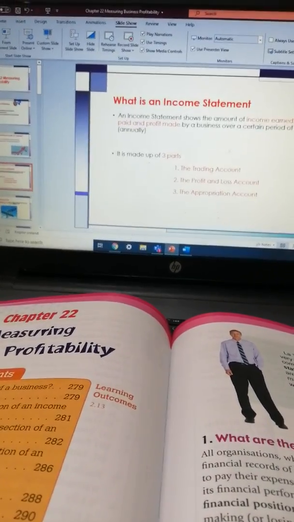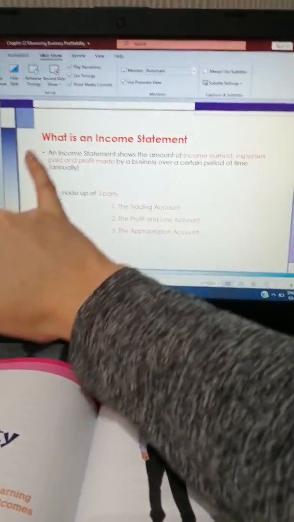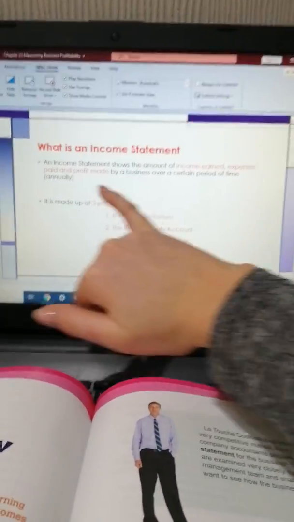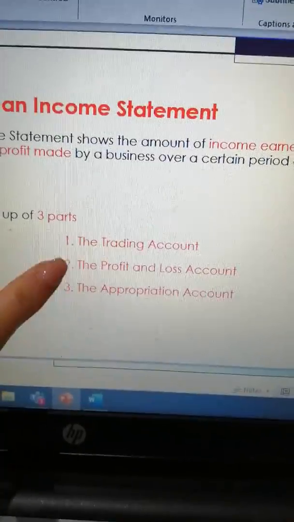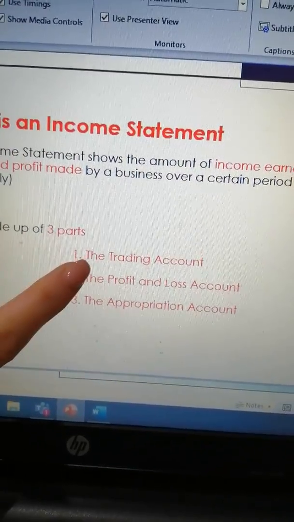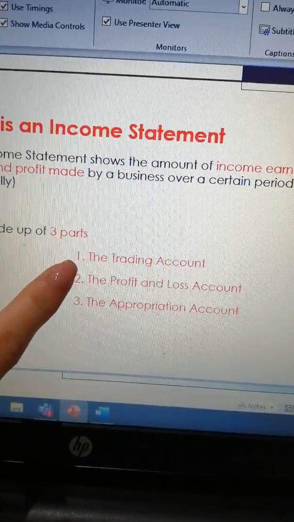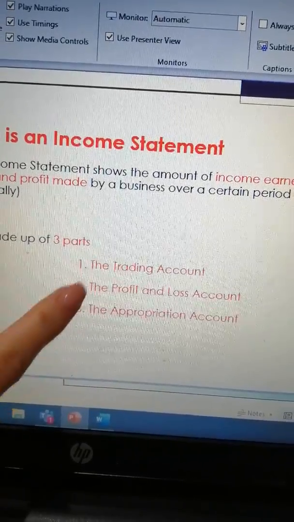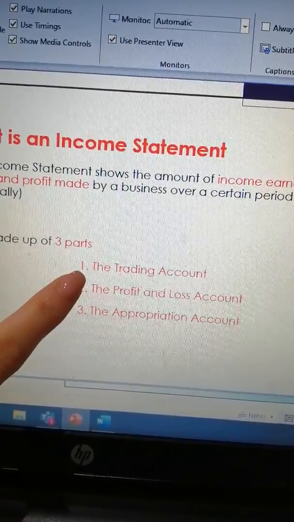The income statement shows the income earned, the expenses, and the profit. But the first one we're going to concentrate on, the first one out of the 3, is the trading account.